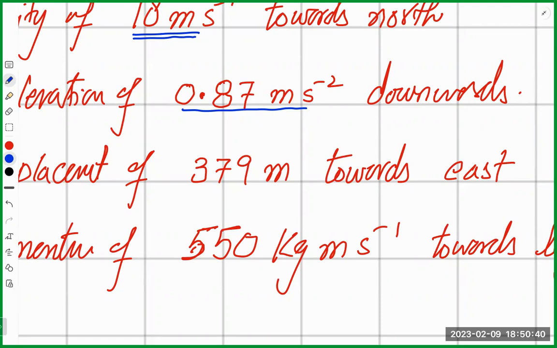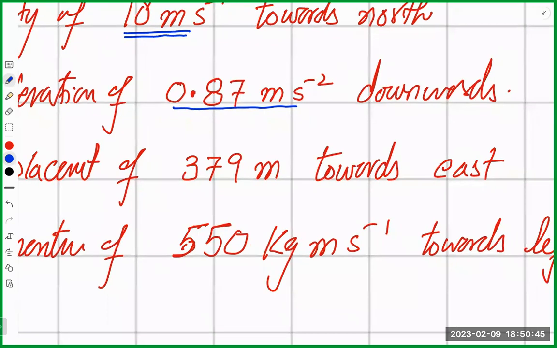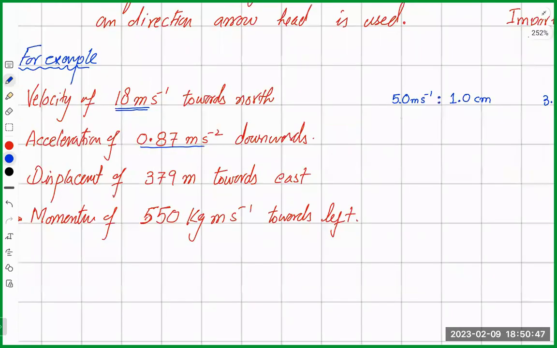So think again. I think 0.20 meter per second square should be represented by 1.0 centimeter.